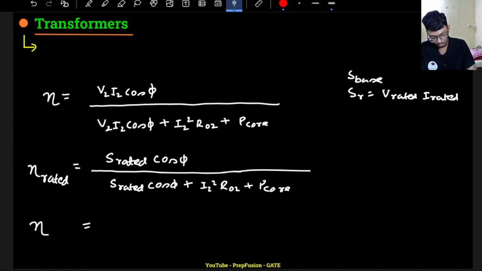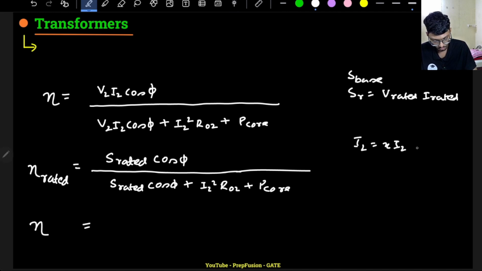One thing I know, at any load, I2 will be some X times I2 FL, the full load current basically. This we have already discussed previously.